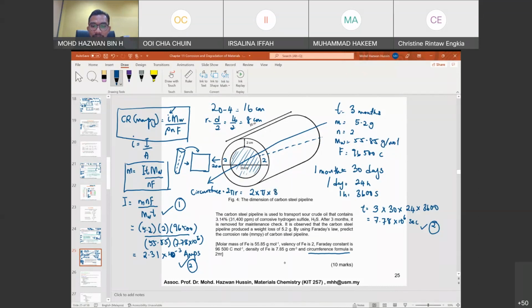It should be 8 because we are talking about the corrosion that occurs inside. We already found the internal diameter, so from there you can know the radius, and this is the radius that belongs to the internal part. Okay, so can you calculate this, Chia-Chun?